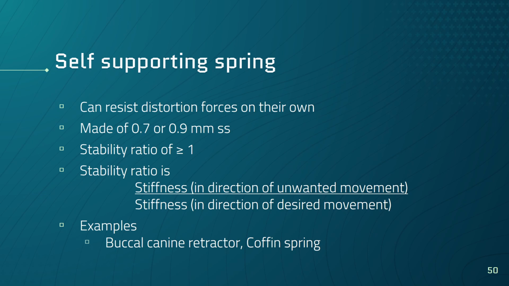Stability ratio just simply means the stiffness in the direction of unwanted movement divided by the stiffness in the direction of the desired movement, and preferably should be equal or more than 1. Now, examples of self-supporting springs are buckle canine retractor and a coffin spring.